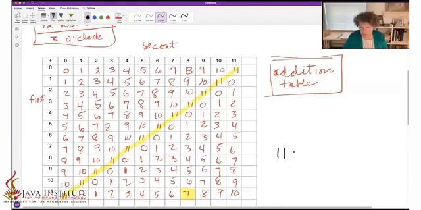11 plus 8. Now, we don't want to write 7, okay? I mean, we do want to write 7, but we don't want to write 7 because if our friend walks in the room and we wrote 11 plus 8 equals 7, they'll say, what kind of crazy school are you going to? So what we do is we always say how we're doing it.